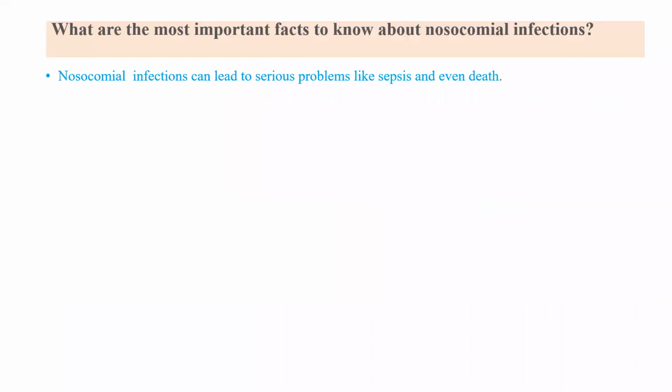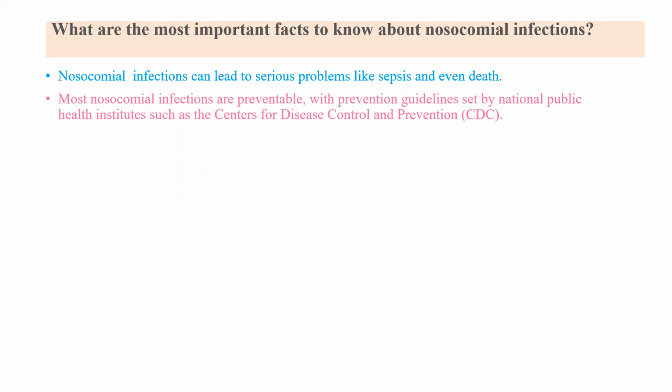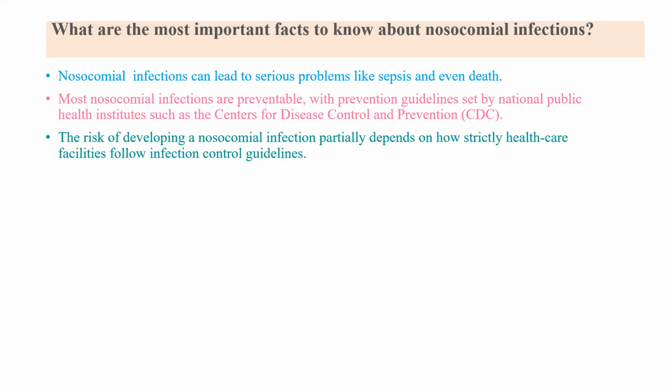So what are the most important facts to know about these nosocomial infections? These can lead to serious problems like sepsis and even death. Most nosocomial infections are preventable with prevention guidelines set by National Public Health Institutes, such as the Centers for Disease Control and Prevention.